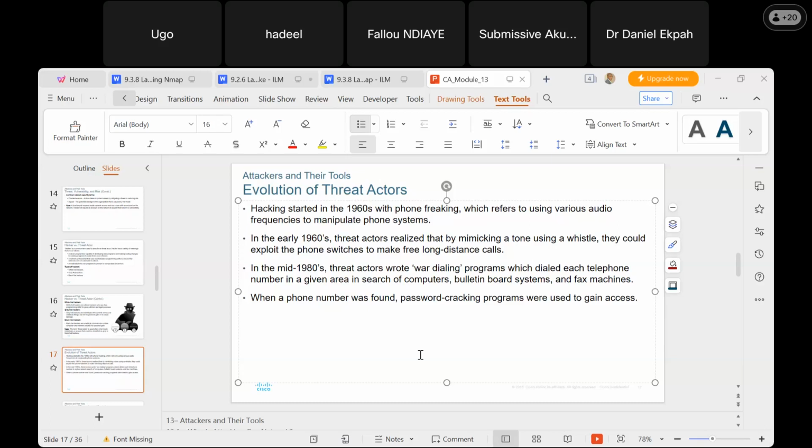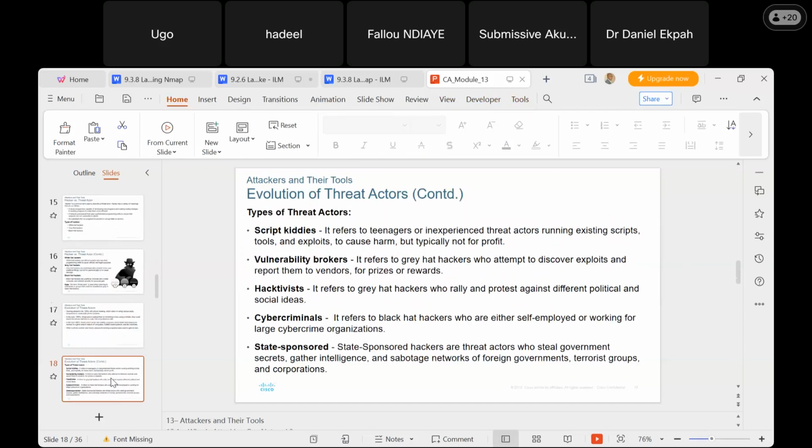And now, with the advent of the fourth industrial revolution, we expect more attacks. That tells you there will continue to be attacks on the cloud as long as you have that convergence. When a phone number was found, password cracking programs were used to gain access. And so, evolution of threat actors, types of threat actors.